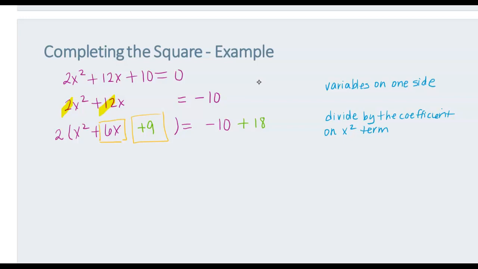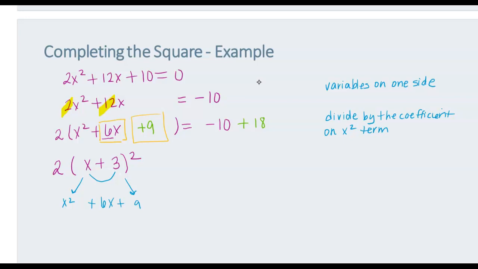Looking back at what I have in parentheses on the left, the 2 is still hanging out here, and the square that I have created by adding that 9 ends up being whatever I found for the middle term here, that's the number that'll show up. x plus 3, the quantity squared. If I multiplied this out, I'd get x squared, I'd get 9, and then these two multiplied together and doubled gets me the plus 6x.